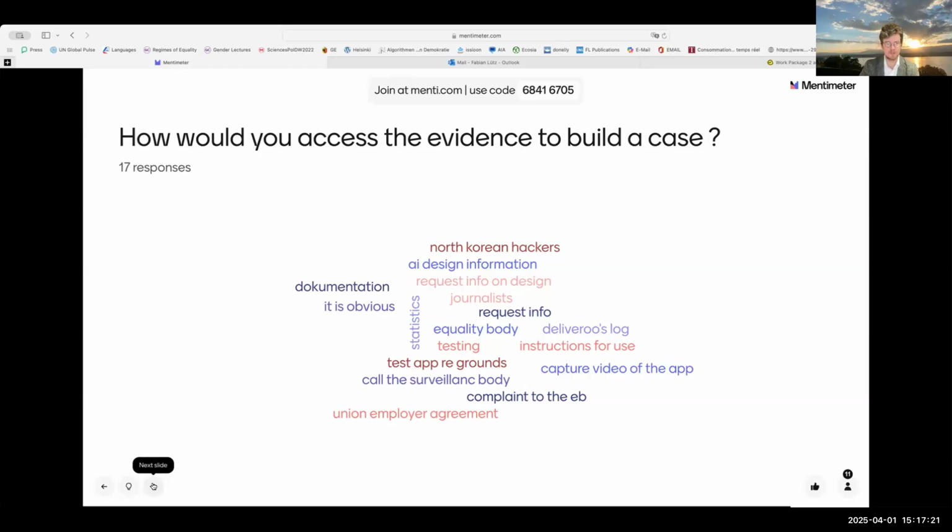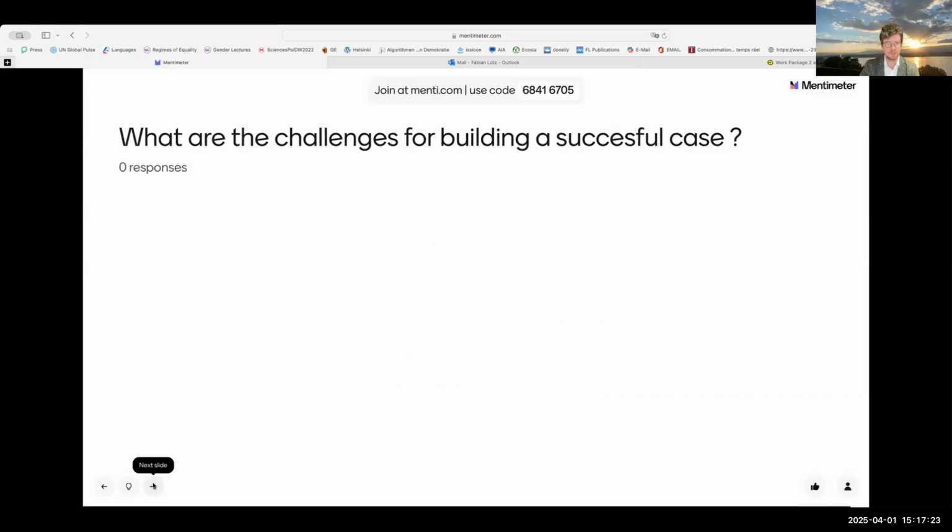So I'm moving on, so that we don't lose too much time, and just briefly ask, what do you think are the challenges for this case, for building a successful case? Do you see anything that is particularly relevant that you would like to flag here?